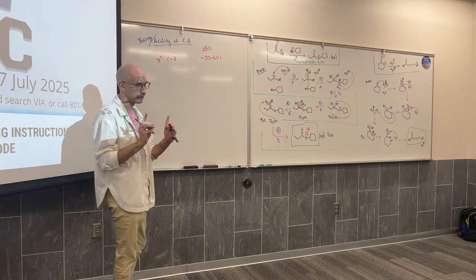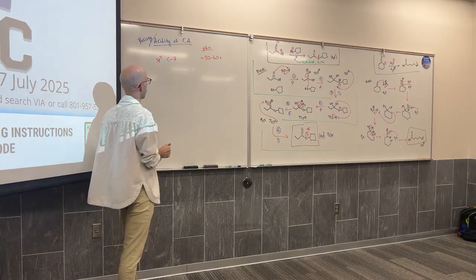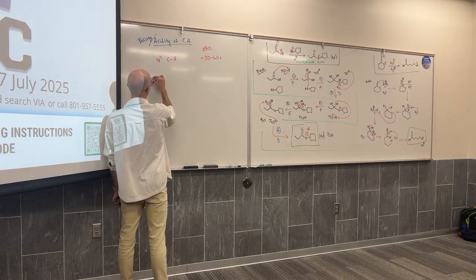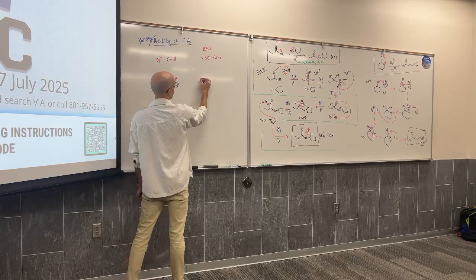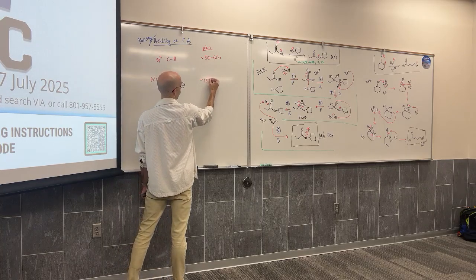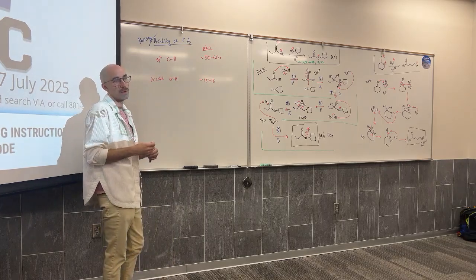That is not an acid. It is incredibly hard to take that hydrogen away. If we look at an alcohol's OH, this has a range from about 15 to 18. That's a much better acid, a weak acid for sure.